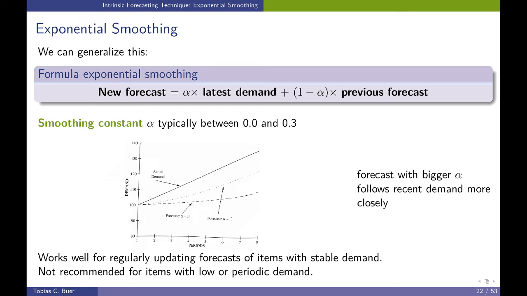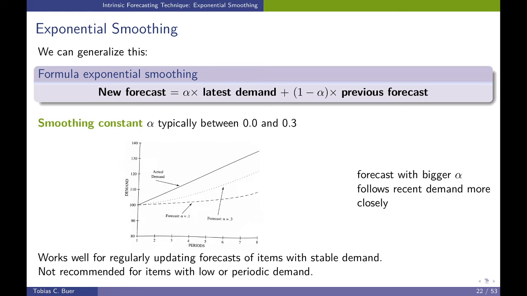So when you look at the graph, there we have the straight line which gives us the actual demand, and we have two forecasts based on a smoothing constant of 0.1 with a dashed line, and the dotted line was using a smoothing constant of 0.3.